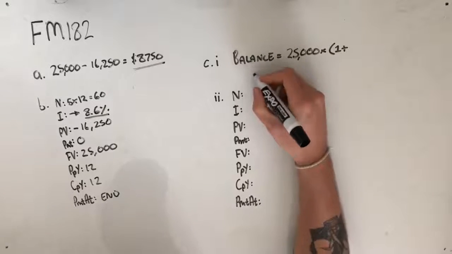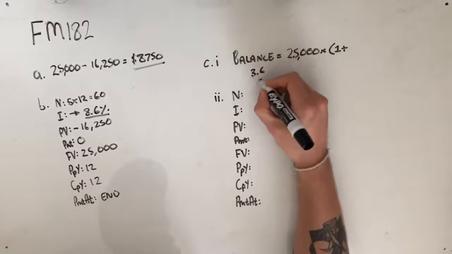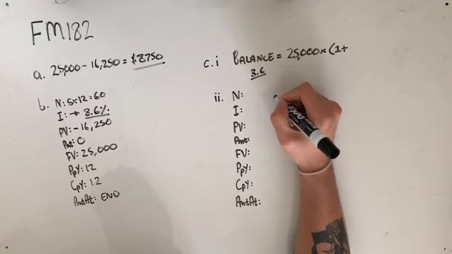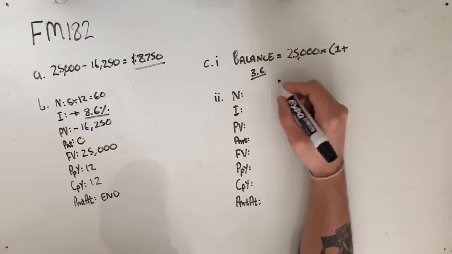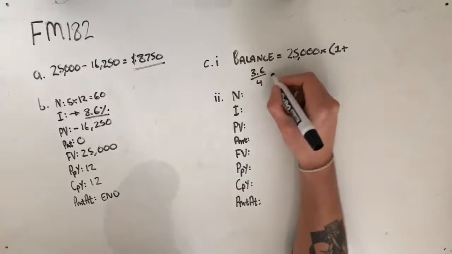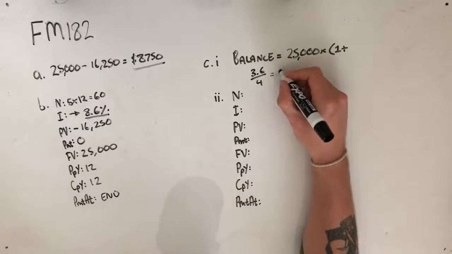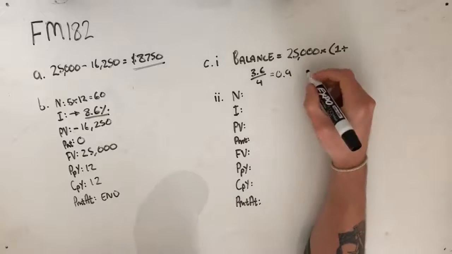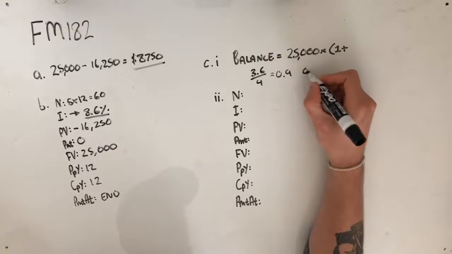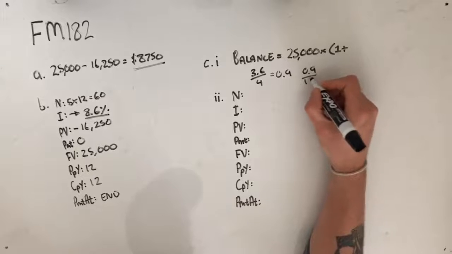So our yearly interest rate is 3.6%. Because this is being broken down into quarters, we're going to divide this by 4, which gives us an answer of 0.9% per quarter.